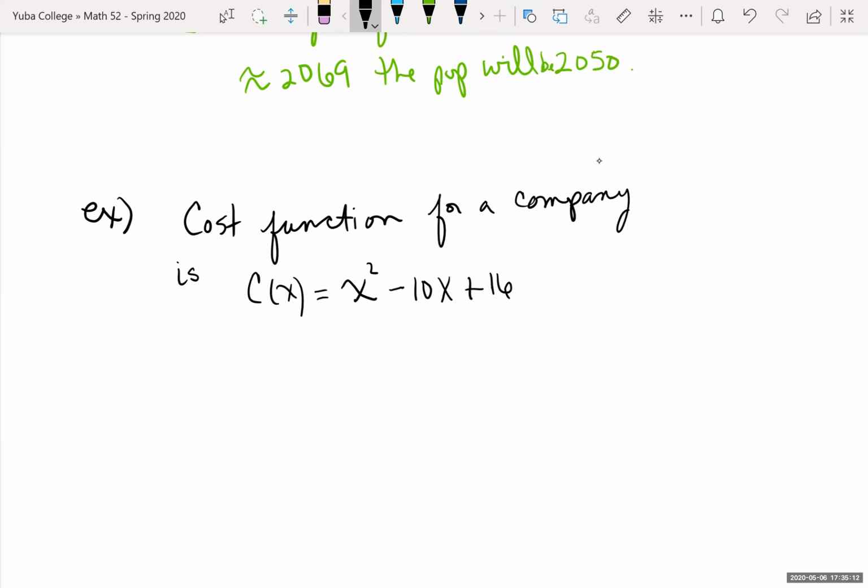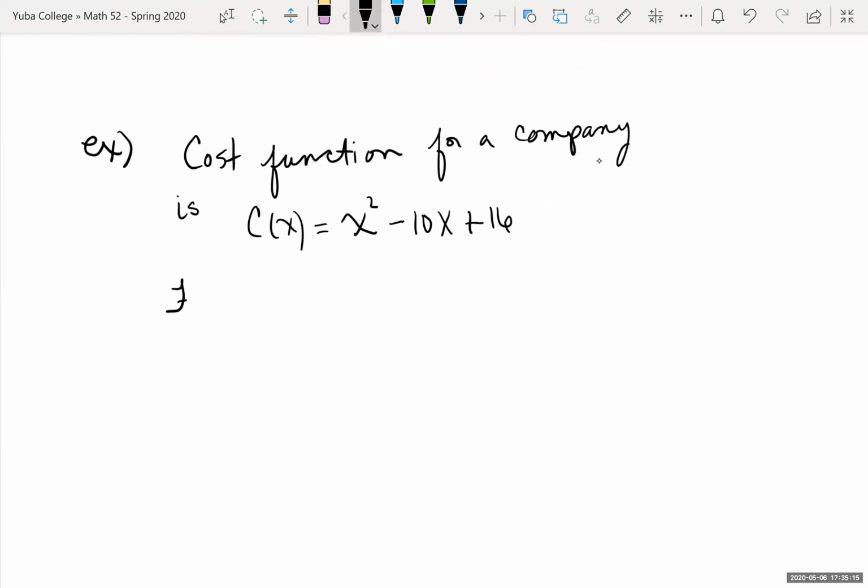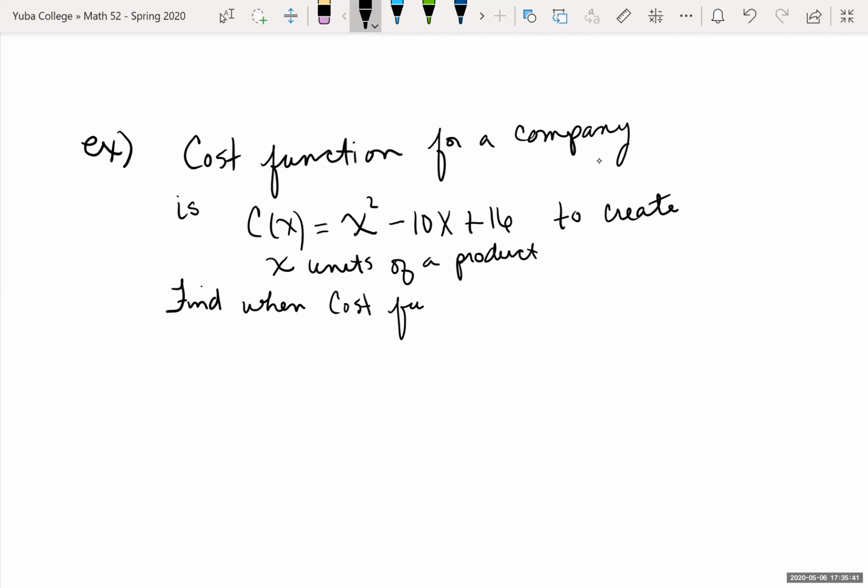And let's say we want to find, let's say to create X units of a product, and we want to find when is the cost, well, that doesn't really make sense. How about revenue?